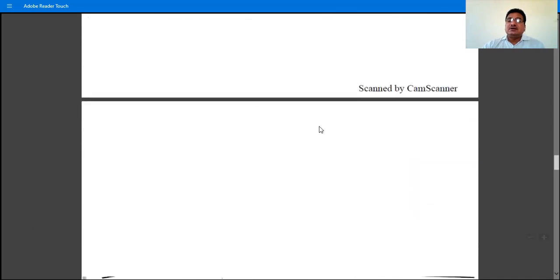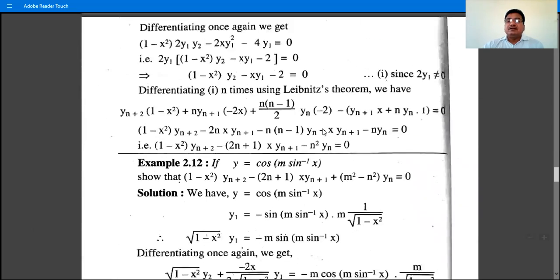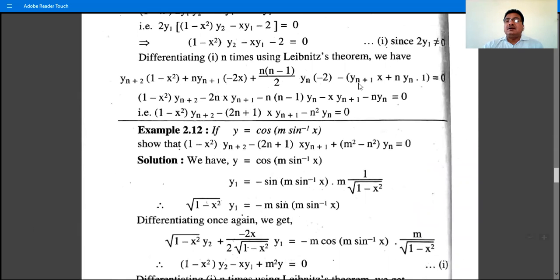And so these two terms in this bracket are the nth order derivative of x y1. Minus 2: the first order derivative of minus 2 is 0, and so the nth order derivative of minus 2 is 0, obviously.